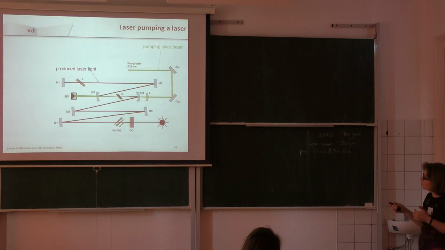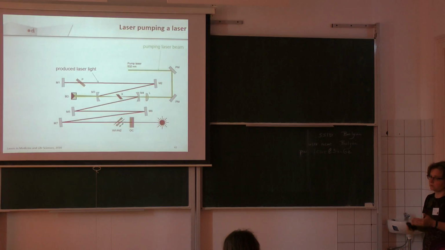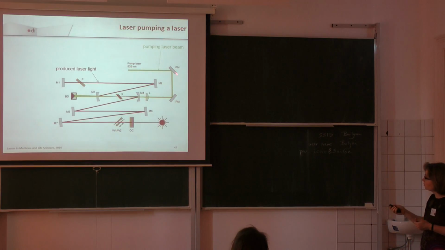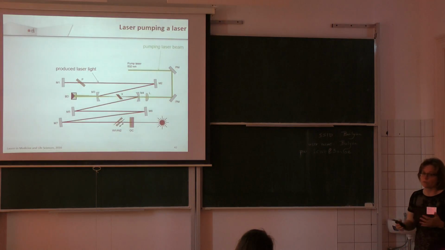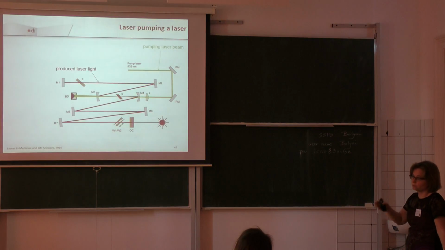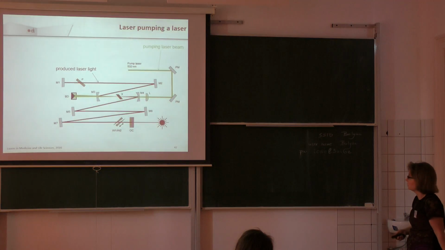So you use one laser and you create another laser, and you even lose some energy in the process because you cannot gain, you always lose something. Actually, you lose quite a lot that goes to the beam dump, but the laser that you produce will be better in some sense. It will have much shorter pulses than your original laser pulses. And this way it's worth putting all the effort into going from one laser to the other.